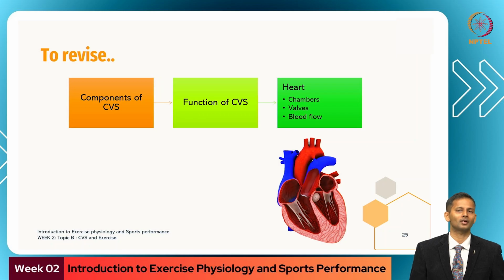We discussed how blood flows from different parts of the body to the right side of the heart through the inferior and superior vena cava into the right atrium, thereafter into the right ventricle, followed by the pulmonary artery into the lungs, where the blood is oxygenated and transported through the pulmonary veins to the left atrium, thereafter through the mitral valve into the left ventricle, where the left ventricle pumps out the blood to different parts of the body through the aorta with a high pressure.